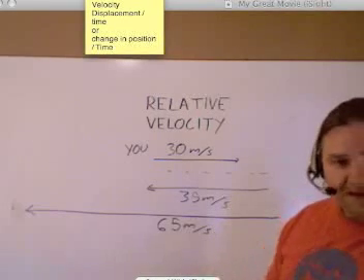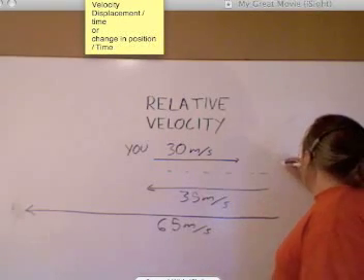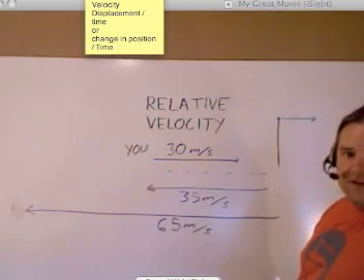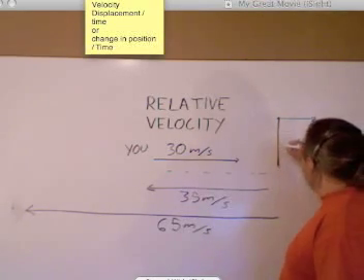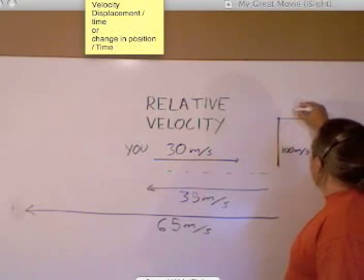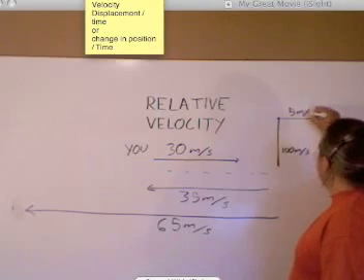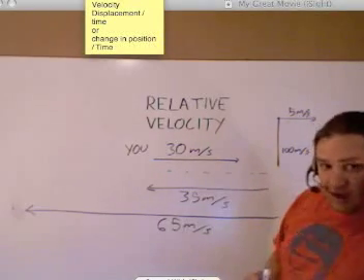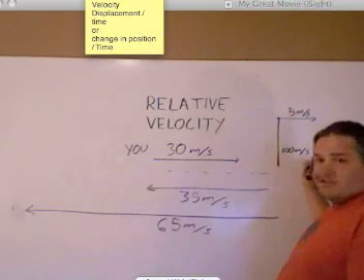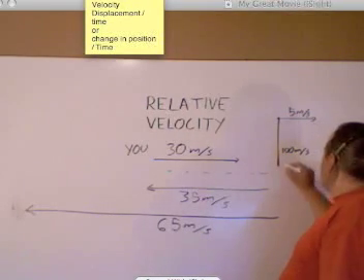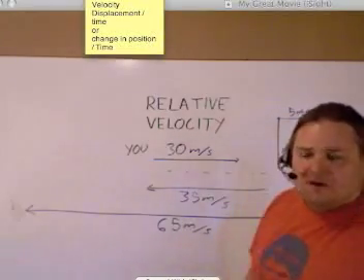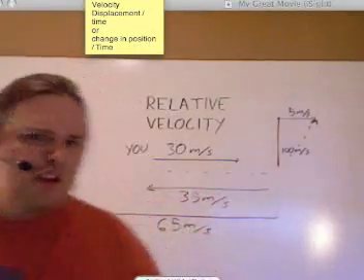You can also use relative velocity talking about x and y. If a plane is heading in this direction at 100 meters per second, and there's a crosswind of 5 meters per second, it turns out that the relative velocity of that plane with respect to the ground, because this is the plane's velocity from its point of view, is something like this, which is about 102 meters per second, I think, about there.